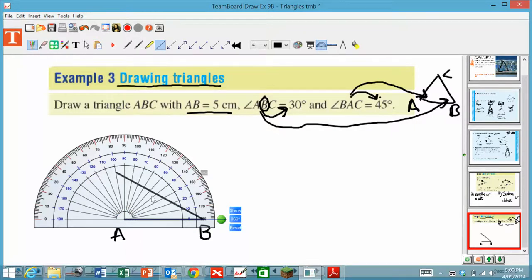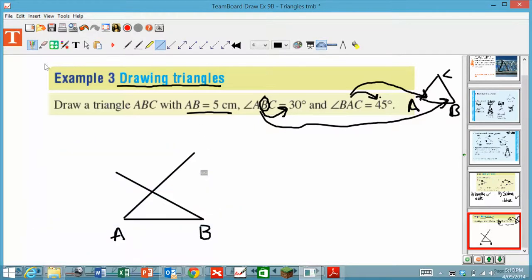That's got to be 45, so I'm reading from the inside numbers now. Going from this side, 0 up to 30, 45 is here. Let's try that again. 45 degrees. Okay, and that is our triangle.